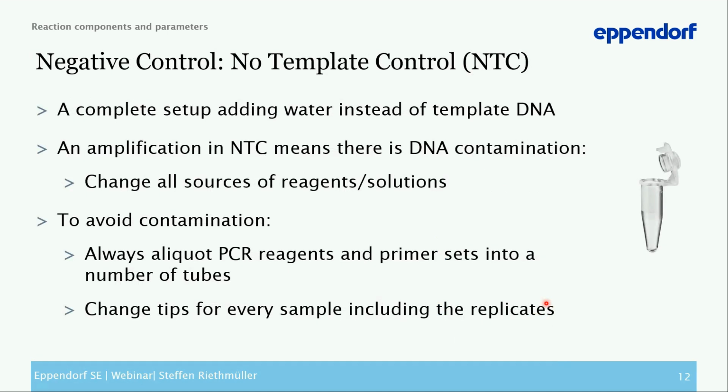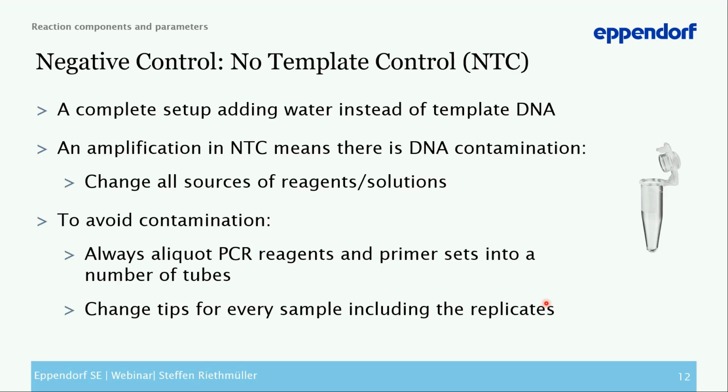Okay, some words on the negative control. This is a sample which contains no template, and you add water instead of template DNA. In case you have any bands in the gel afterwards, this indicates that you have contamination.